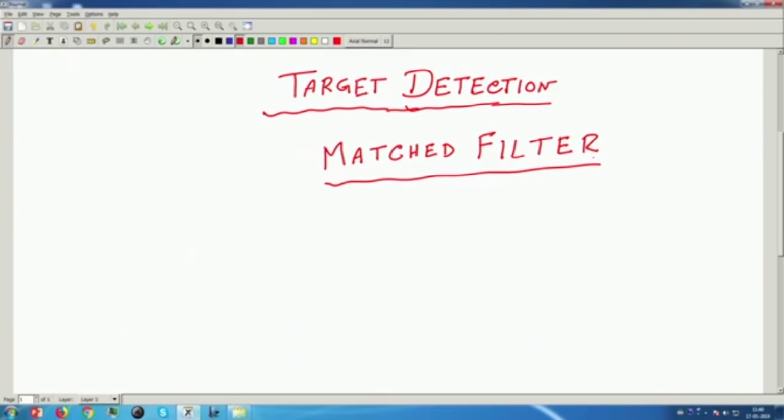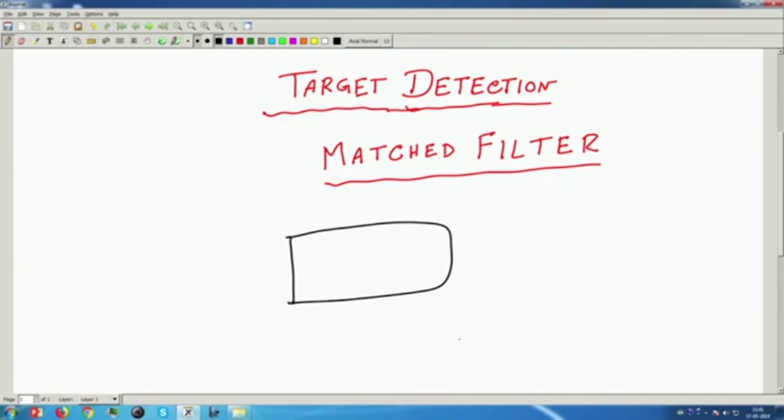From this analysis we will also get the clue how we can make the detection very reliable, and also how we can improve the resolution of this detection, the range resolution. All those things will come from this analysis. So, I will start this discussion of the matched filter.